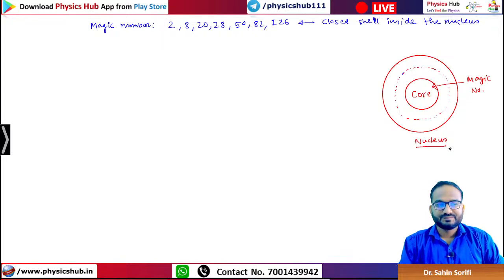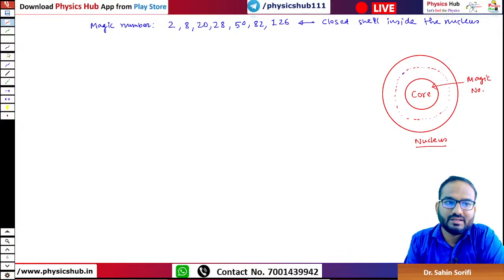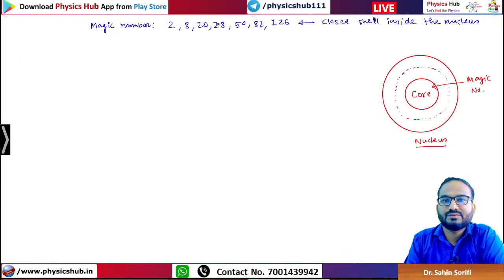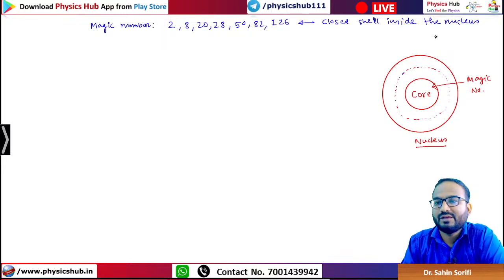Getting the point? Let's say we have 70 nucleons. So 50 will fill up the core, and the remaining 20 will be outside the core.